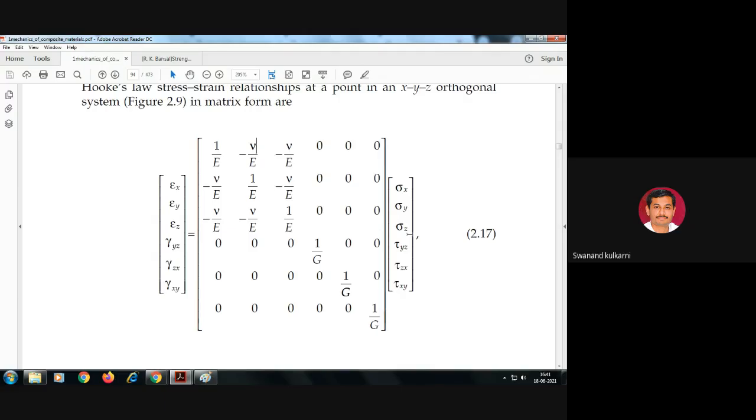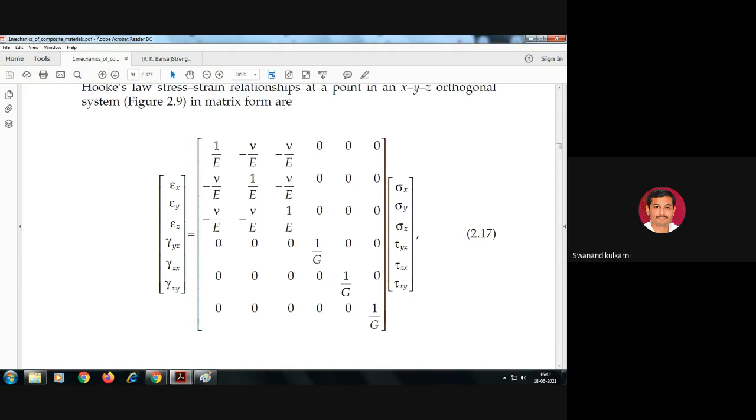Remaining three terms have no role, because this tau shown here is the shear stress. Sigma x is the stress along the x-axis, sigma y is the stress along the y-axis, sigma z is the stress along the z-axis. These are the normal stresses, while yz, zx and xy are all three shear stresses. So gamma yz is related with this tau yz.